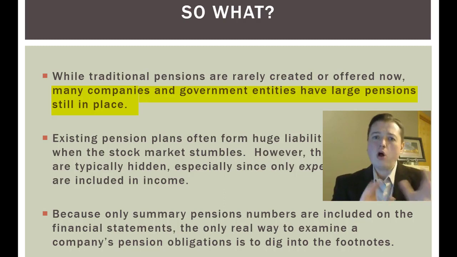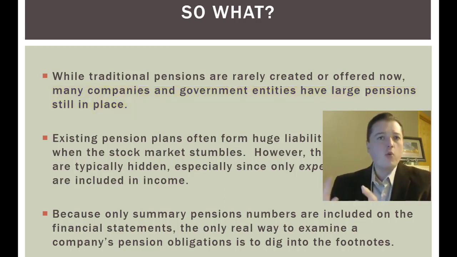So we see a small group of these big pensions, and we also see these other 401k style pensions. And we'll talk more about the differences in a minute. But you need to understand that this is still a big part of what we do in the United States in GAAP, because we are still accounting for pensions a lot, just changing the type and the mix of what kind of pensions we're accounting for.